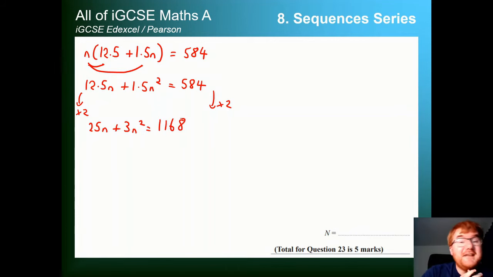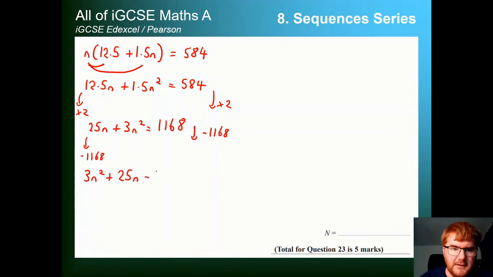Yet again, we have got a quadratic that we need to solve. Again, we want to bring everything to the left-hand side. So we're going to minus 1,168 on both sides of the equation, giving us then 3n squared plus 25n minus 1,168 is equal to 0.